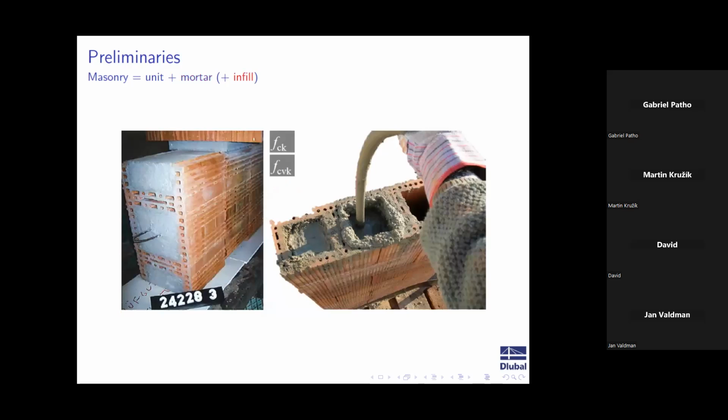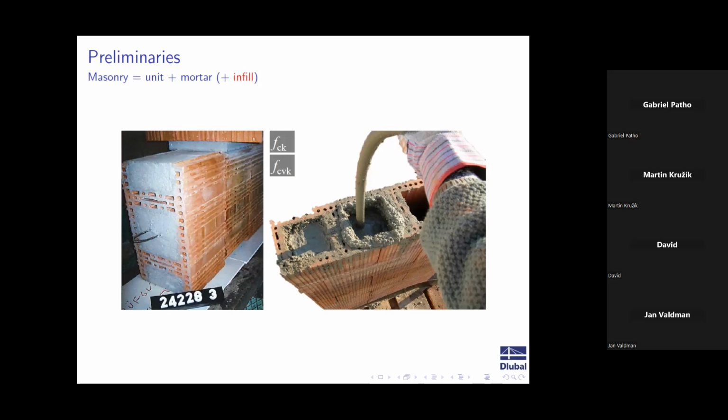What I will not really mention today is that we can have some concrete infill also in the masonry. There are some different types of holes. There are some large holes in some masonry units. You can see here that the hole ratio is very big. This is the so-called grouping of a masonry unit, basically the ratio of the holes to the whole volume.